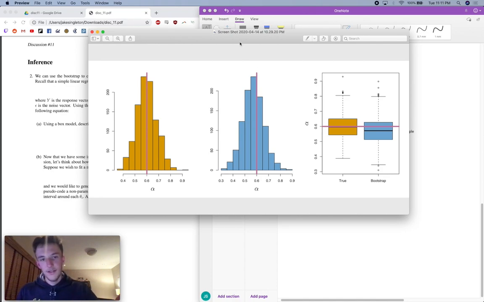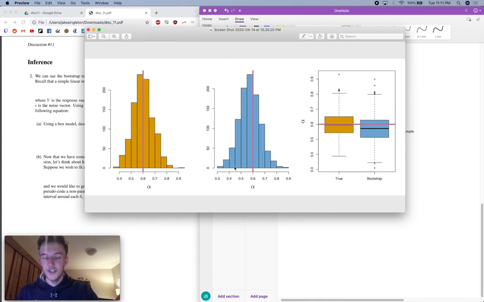The whole point is that as long as your original sample is representative of the population, bootstrapping can give you a very close approximation. So these distributions are almost the same, and these alpha values are really close as well. And here on the right, this is showing the same thing, but for a box plot.